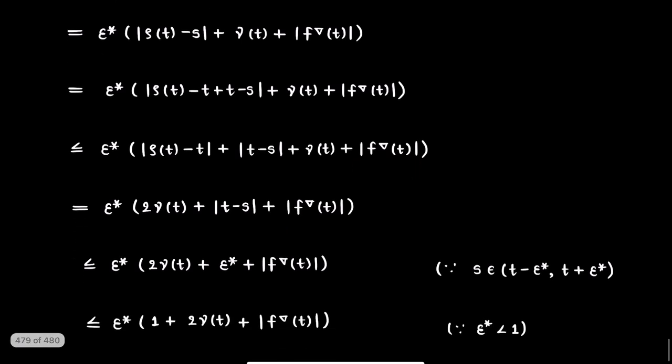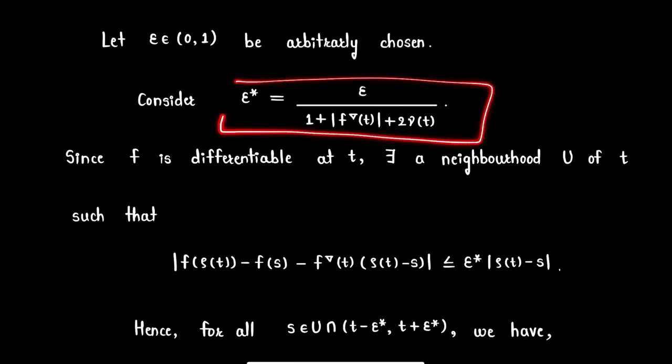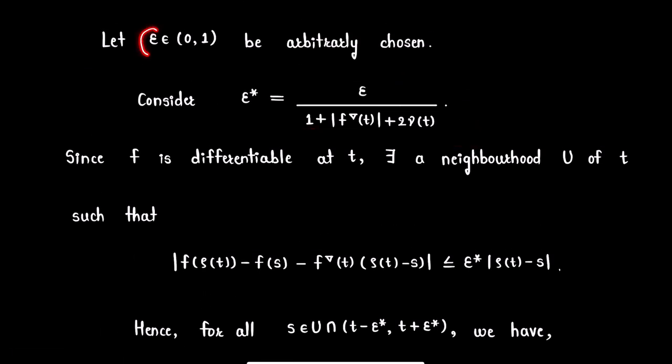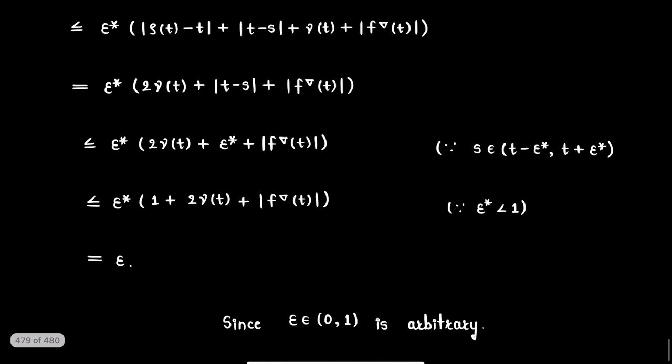Again note that s is in this interval, so by the same reason this will be less than or equal to epsilon star. Now we have epsilon star formed from the epsilon, and since epsilon is strictly less than 1, epsilon star will also be strictly less than 1.